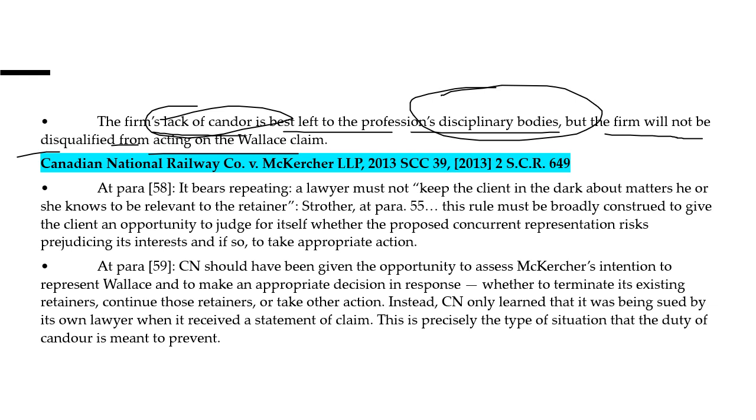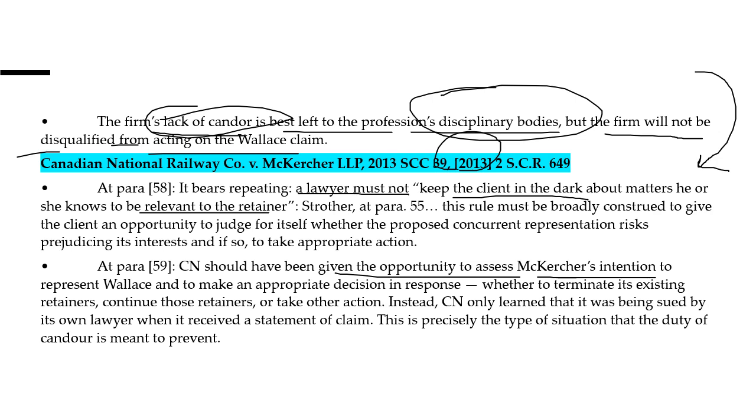So then another case, again with almost similar facts, in 2003. Here it said that a lawyer must not keep the client in the dark about matters he or she knows to be relevant to the retainer. CN should have been given the opportunity to assess McCarthy's intention. This case was in furtherance of the previous case.